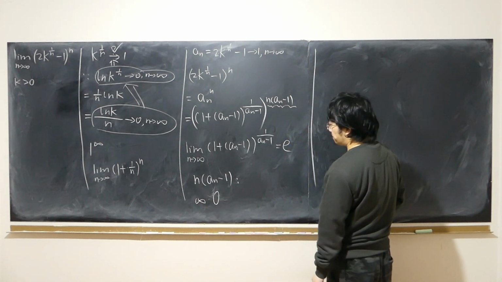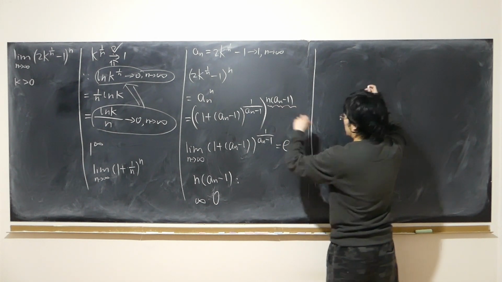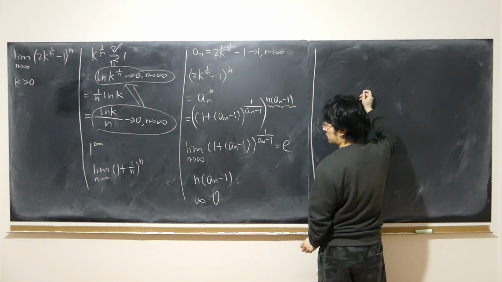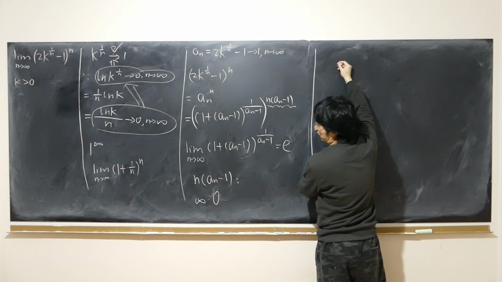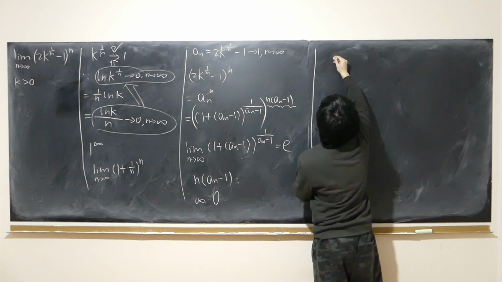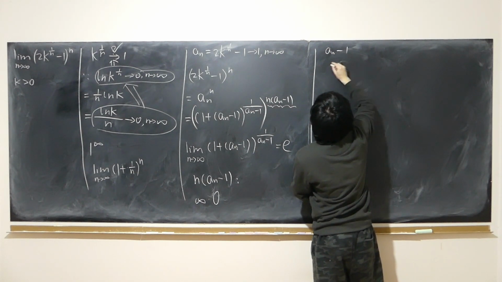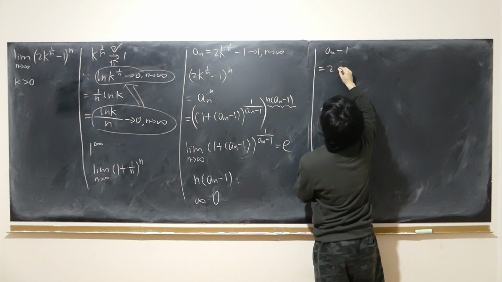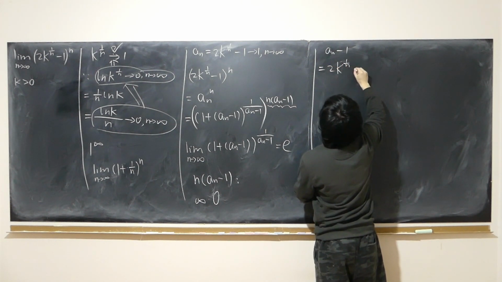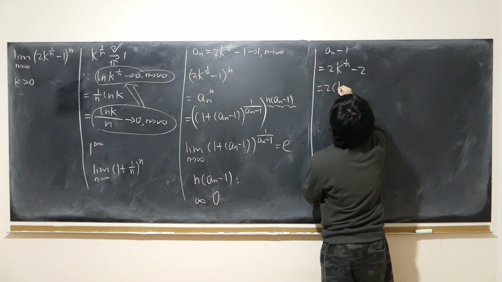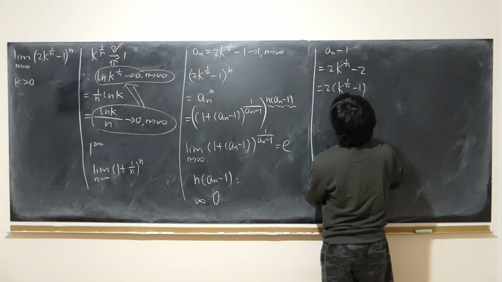Let's find out. We could use Taylor expansion, but this time I don't think it's necessary. To determine the speed of a_n minus 1, where a_n is 2 times k to the power of 1/n minus 1, we get 2 times (k^(1/n) − 1).